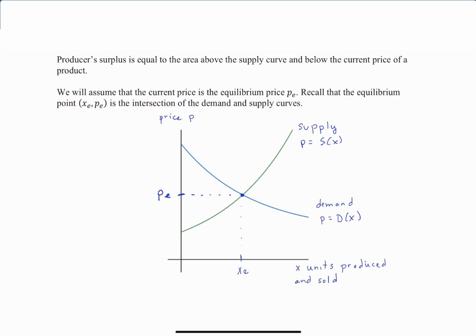So with the assumption that the current price is the equilibrium price, this area I'm shading right now gives us the consumer surplus.